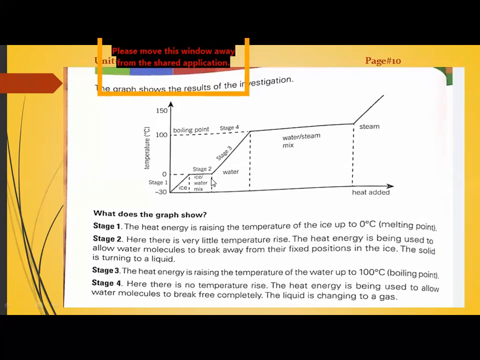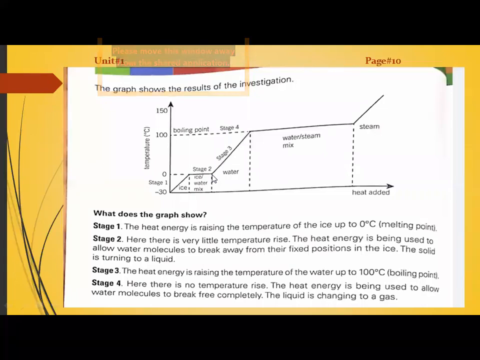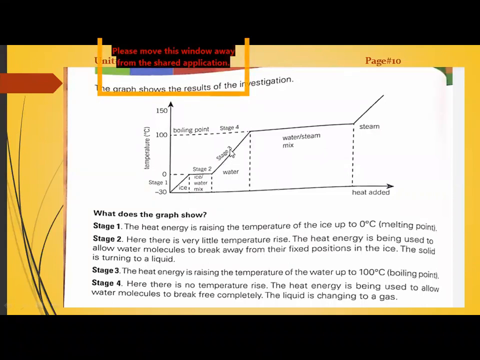Now come towards the third stage. This is the stage that starts when all the ice has converted to water, or in other words, where the liquid state starts. The heat energy is raising the temperature of the water up to 100 degrees centigrade. This stage finishes at 100 degrees centigrade, which is called the boiling point.